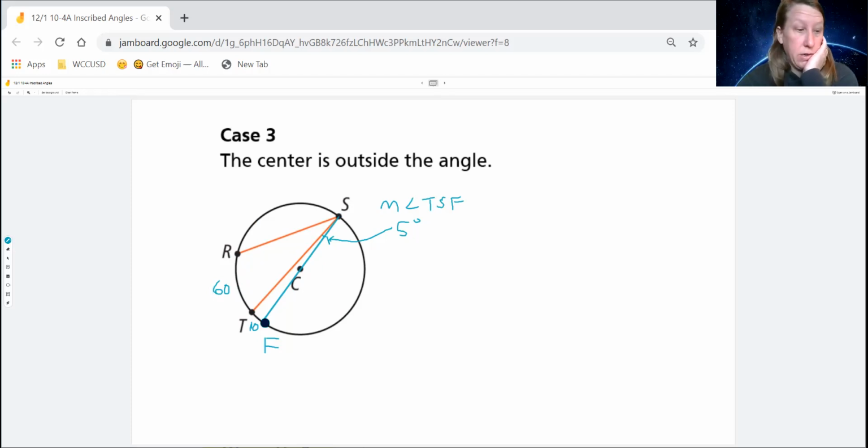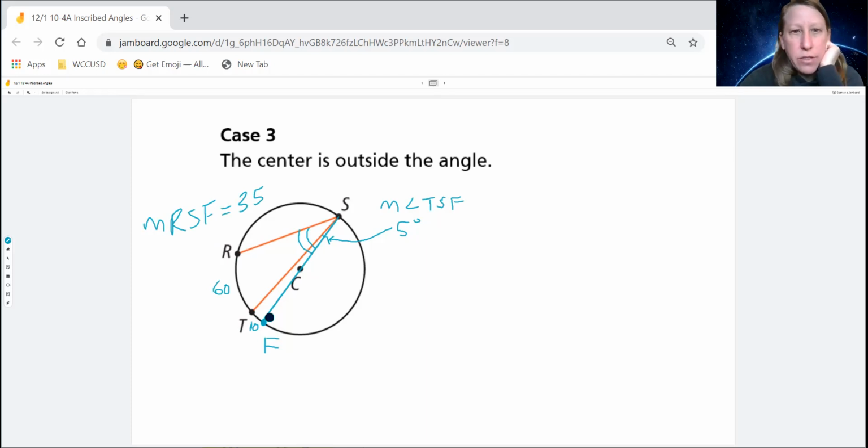Do you guys see that? RF is 70. So if I want this angle, I want half the intercepted arc. 60 and 10 is 70. So the measure of angle RSF is how much? Good, 35. It's half of 70.